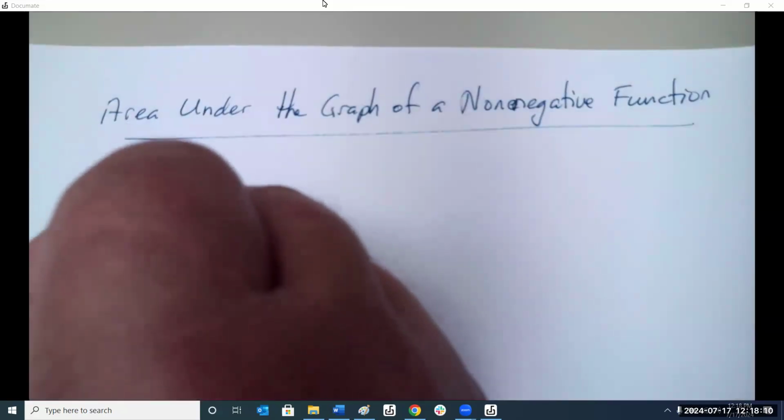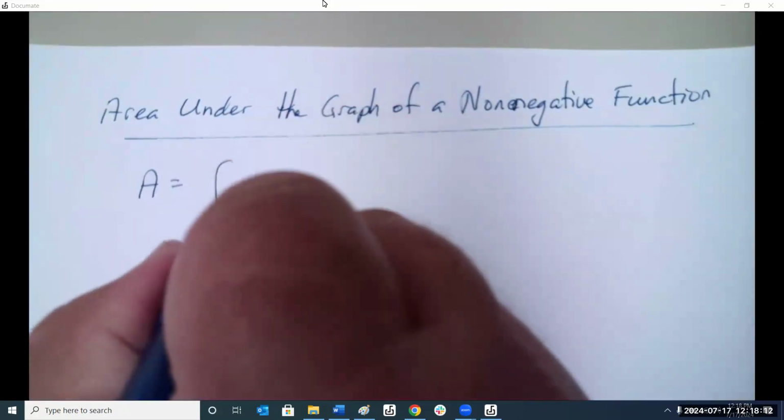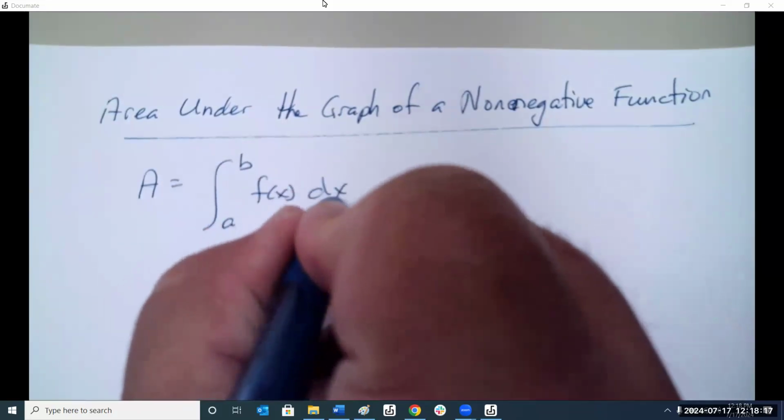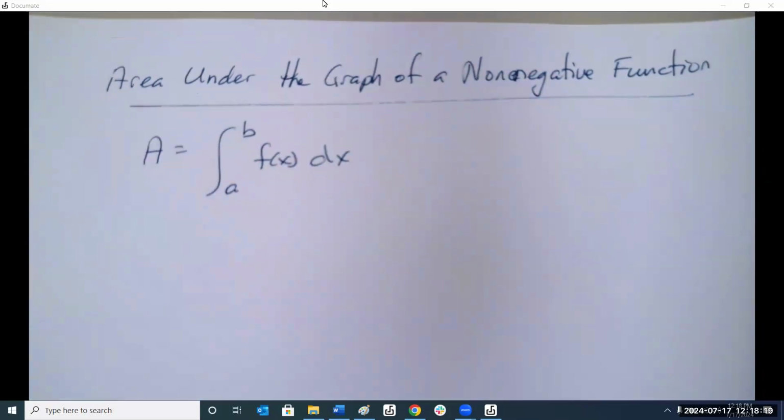So the area formula is determined by this, where f is non-negative, which means that it's always going to be a positive value. Unfortunately, right now we haven't discussed the real rules, but we're getting very close to it.